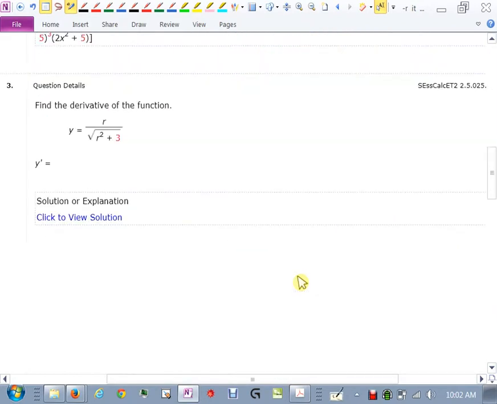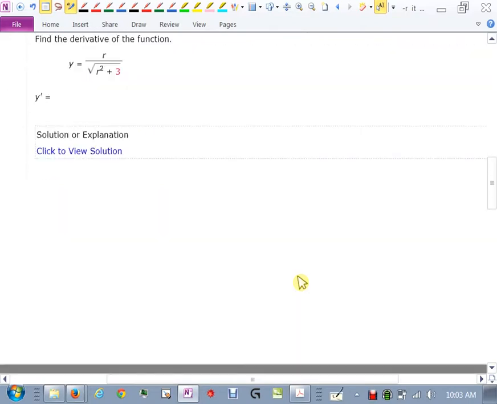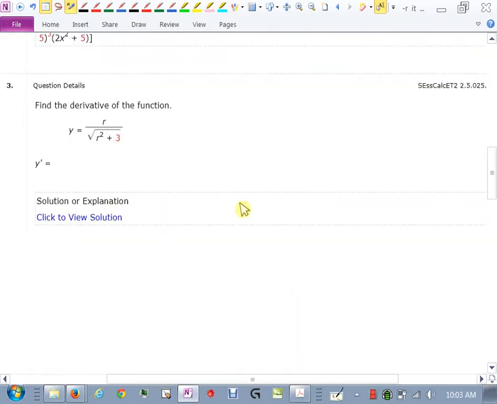Okay, next one. All right, this one's a little tricky. Number 3. We have y is equal to, well, first of all, notice that we have a quotient, right? So we have a numerator, we have a denominator.